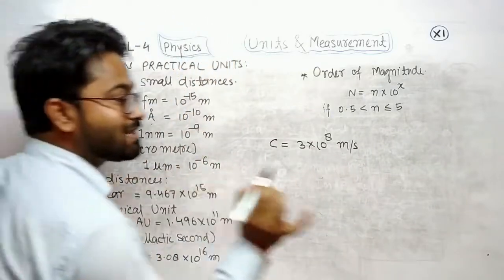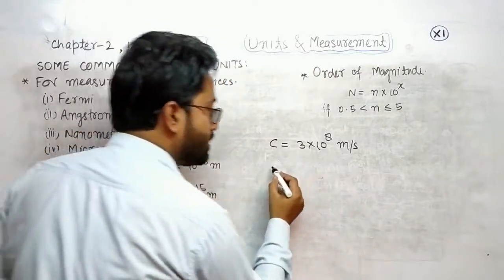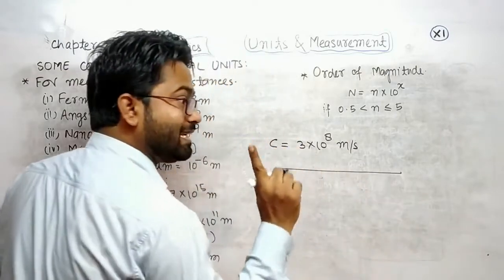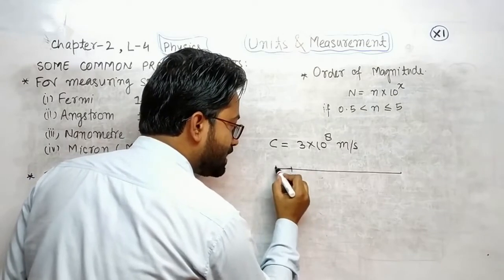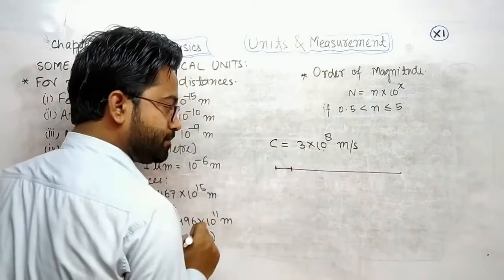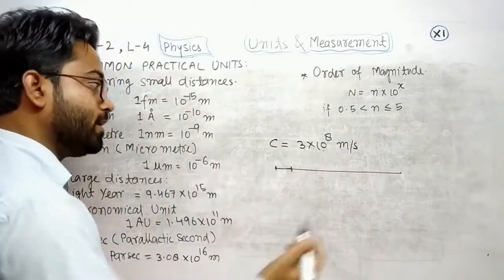Light year. What is light year? Light year is the distance traveled by light in 1 year. In 1 second, the distance covered by light is 3 into 10 to the power 8 meter.